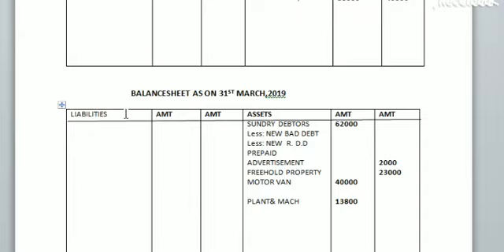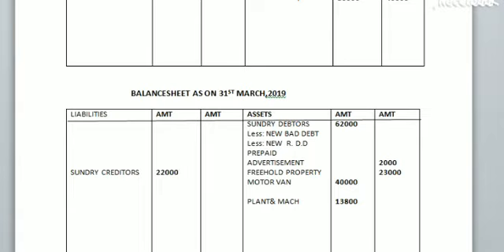Here we have to leave some space. Now for sundry creditors, the amount will come in the inner column because the adjustment is related with this. Amount is 22,000 rupees.